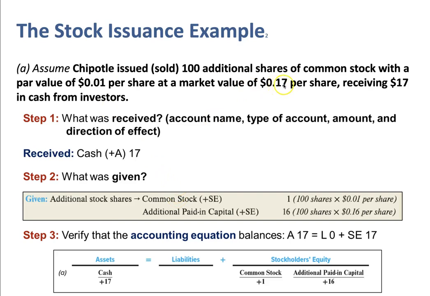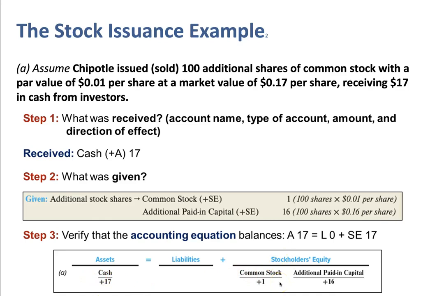The difference between 17 and 1 would be 16 cents as a premium that the stockholders pay. That goes to an account called additional paid-in capital. In the previous video, we talked about how this transaction will increase cash, and also increase common stock and APIC on the right-hand side of the equation, and the equation is equal after we record the transaction.